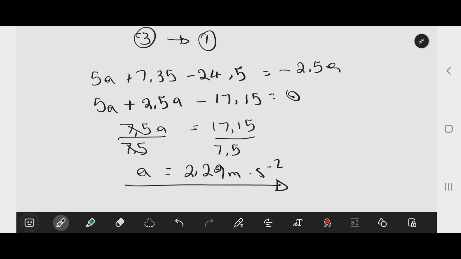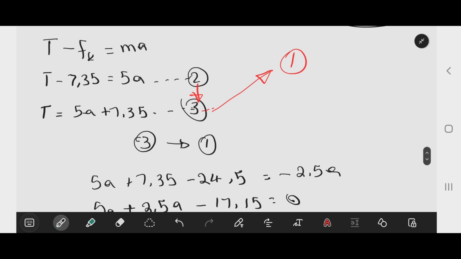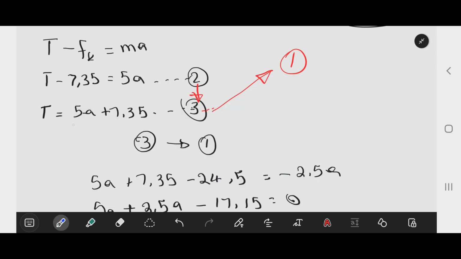So now let us calculate the tension. I can calculate the tension using equation number 3 because I have already made tension the subject of the formula. So tension is equal to 5 multiplied by 2.29, which is my acceleration, plus 7.35.